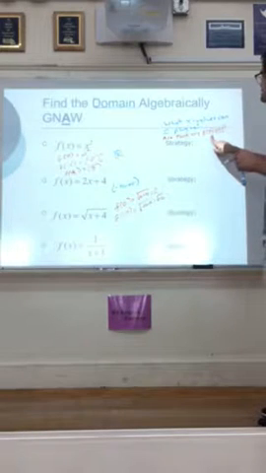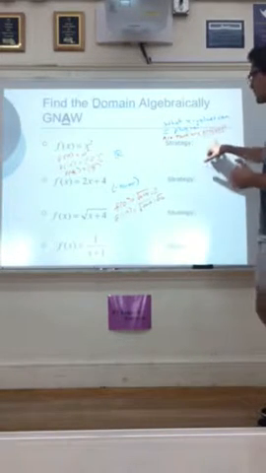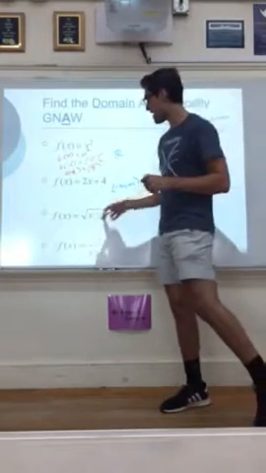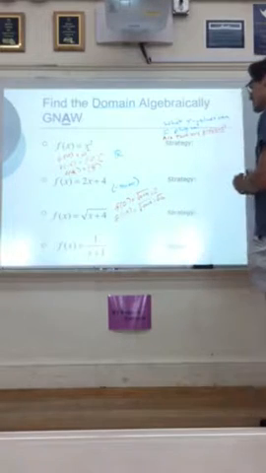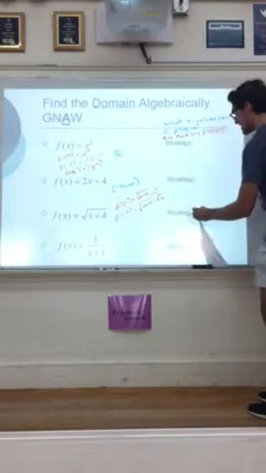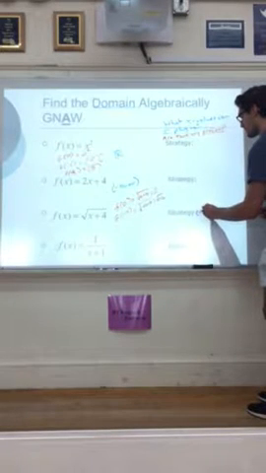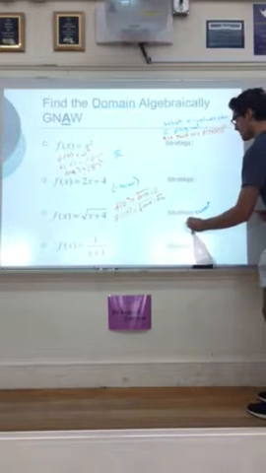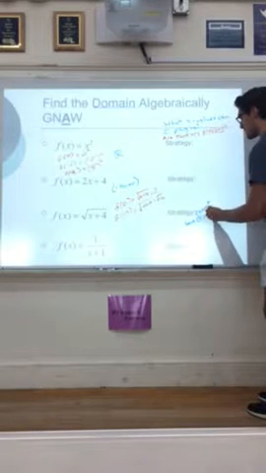What x values can I actually plug in? The problem we're running into is I cannot have any negative number inside of a radical. So my thinking here is I cannot have a negative inside that radical or square root.